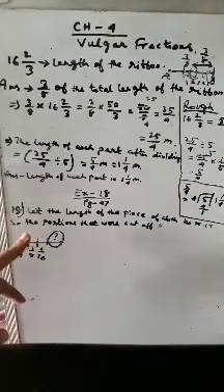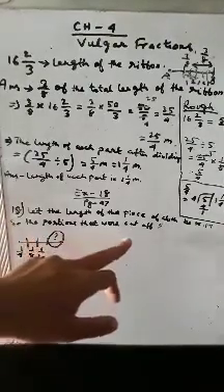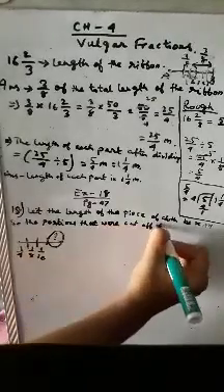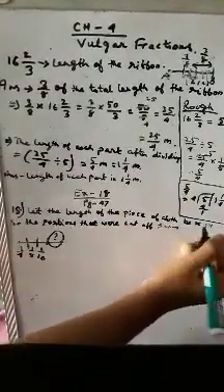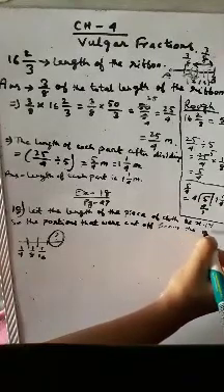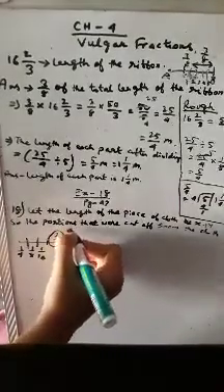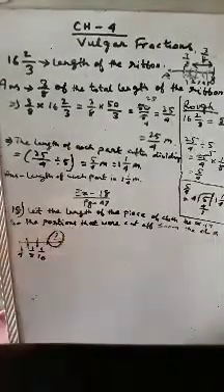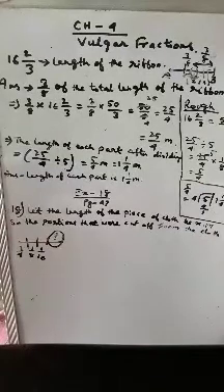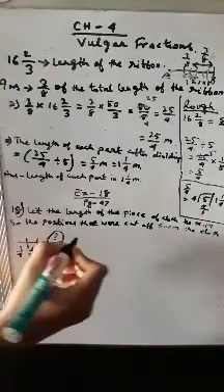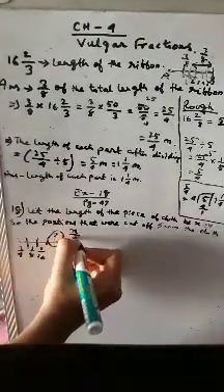The portions that were cut off from the cloth are 1 by 4 of the cloth. The first fraction is 1 by 4 of the cloth. That means I can write it as x by 4.